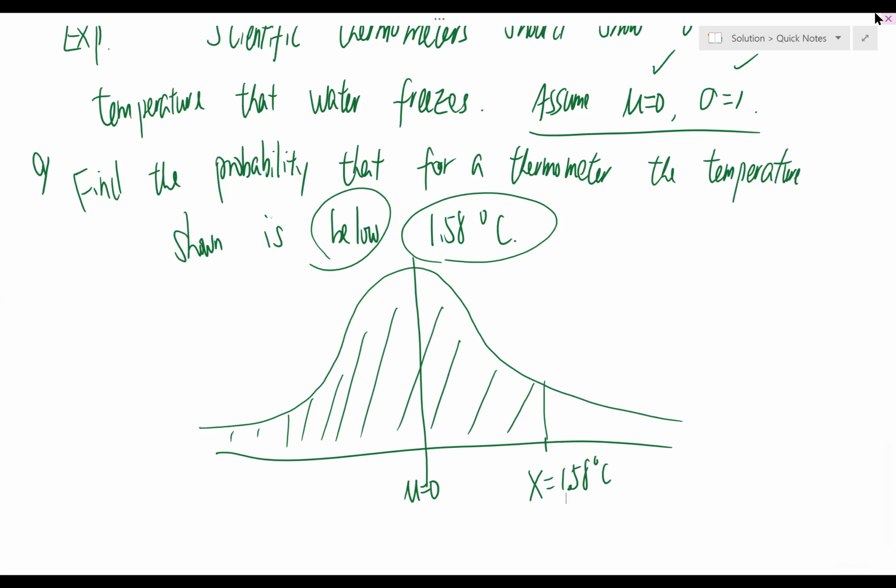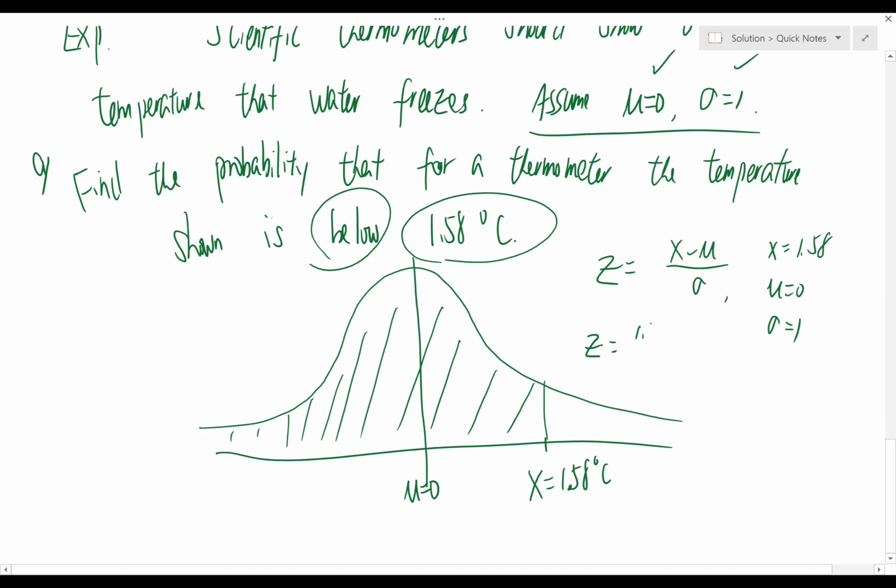First of all, in order to find the probability, we need to know the z-score. Using the z-score formula, x minus mu over sigma, here x is 1.58 as the targeted temperature, mu equals 0, and sigma equals 1. As I mentioned, if you plug in all the numbers, the z-score becomes the temperature itself.